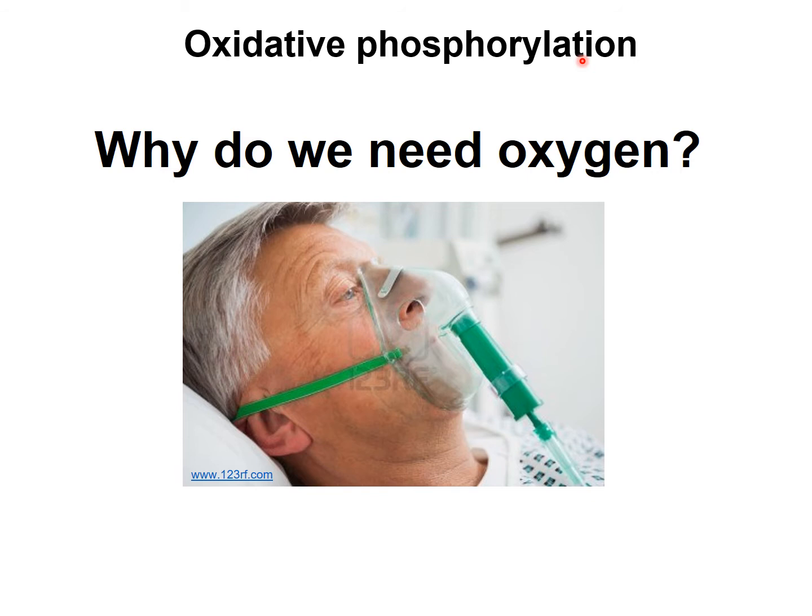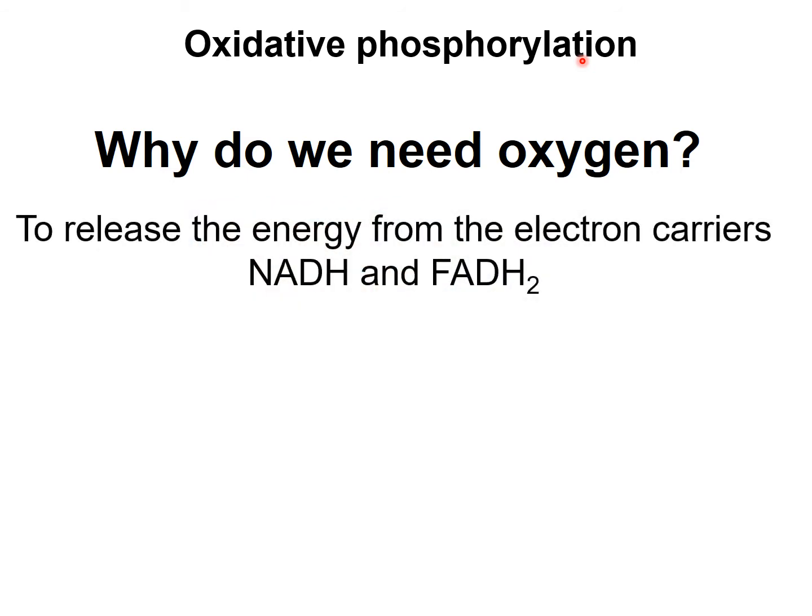So remember, in glycolysis, we only produce 2 ATP per glucose molecule, while in the Krebs cycle, we have 2 GTPs for every glucose molecule. And we do have a lot of NADH and FADH2, which will then be harnessed in this process to produce even more ATPs.